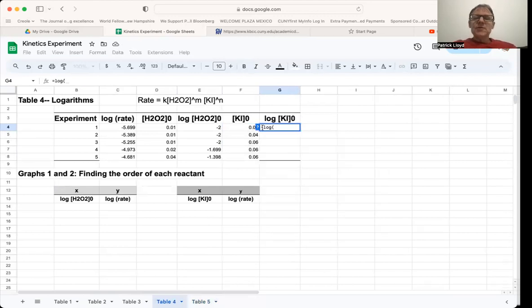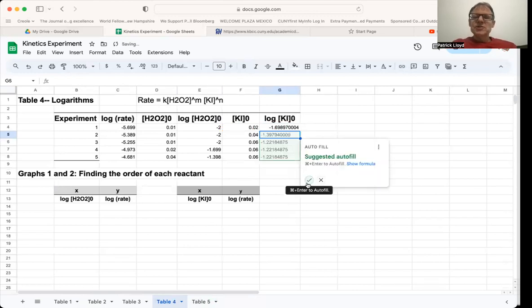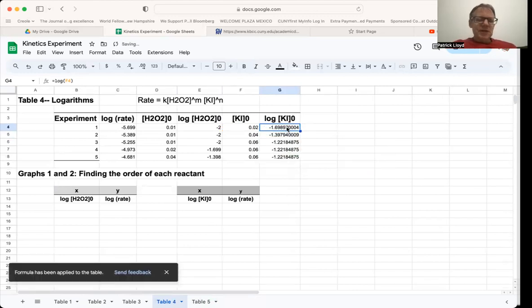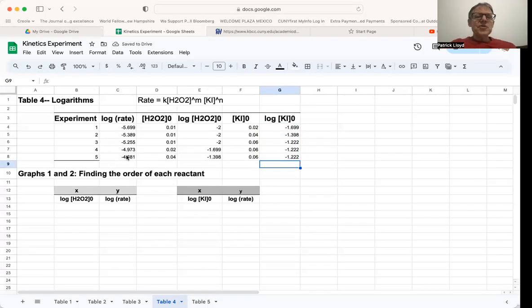If you wanted to do natural log, you would just use ln, but base 10 log works for us. Close the parentheses, fill down. There we go. Again, a lot of digits there, we don't need that many, so I'm going to reduce it down to 3 significant figures. All right, so the table's done.